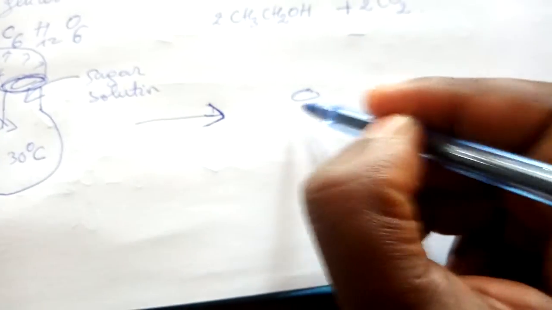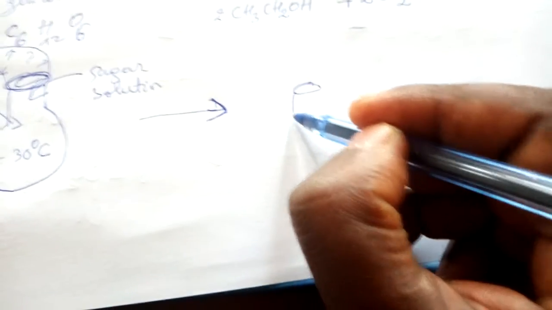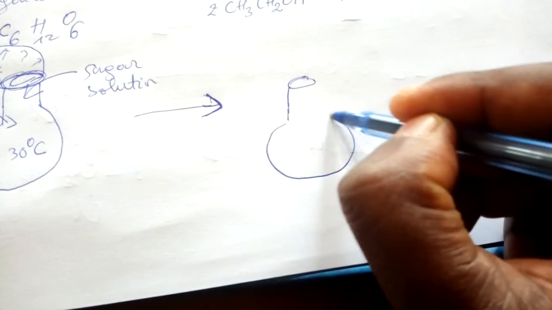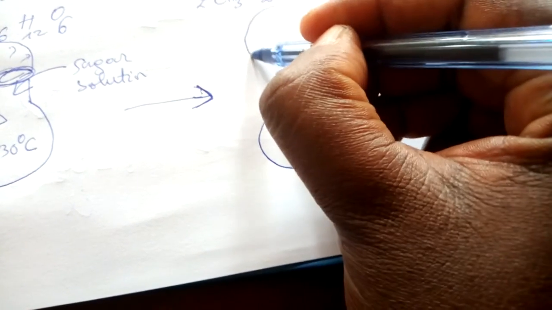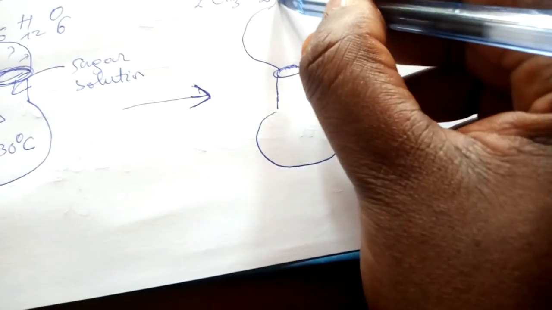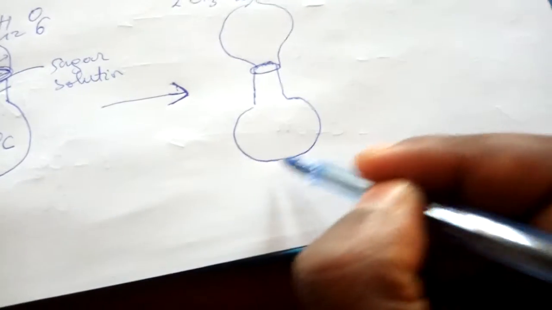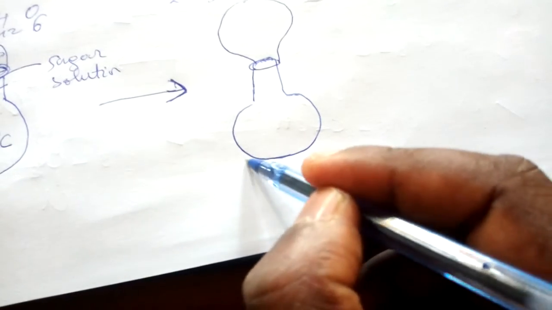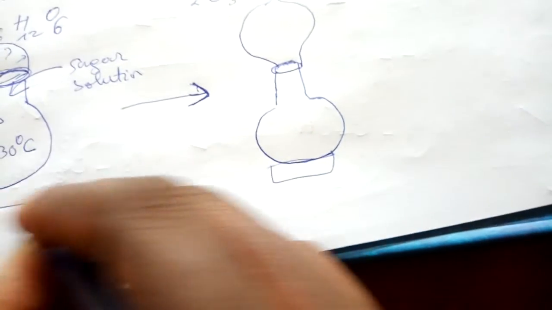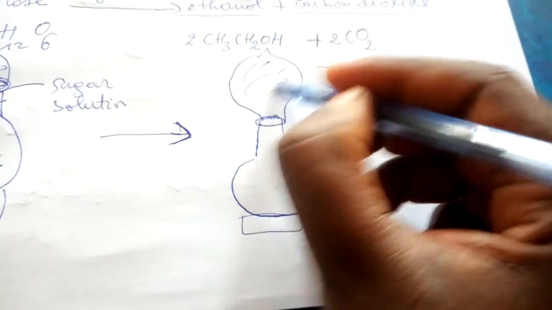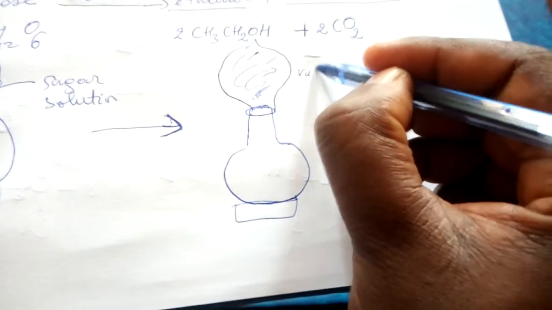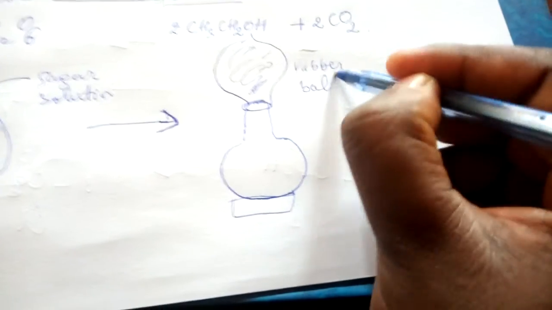It means that tomorrow you will find that the balloon has expanded, there is expansion of the balloon at the top of the round bottom flask, or another material which is used, you will find that the volume of the rubber balloon is increased.